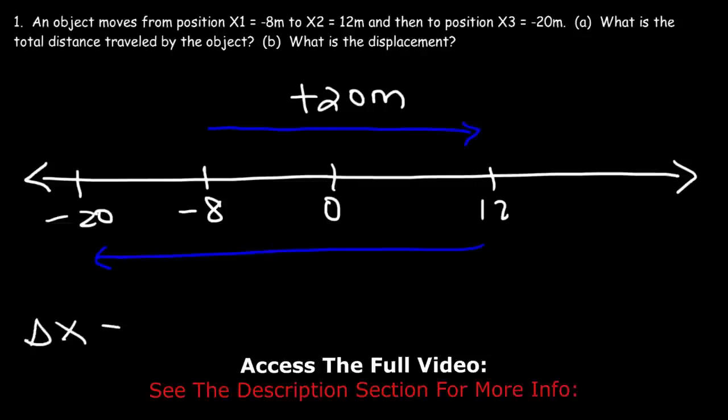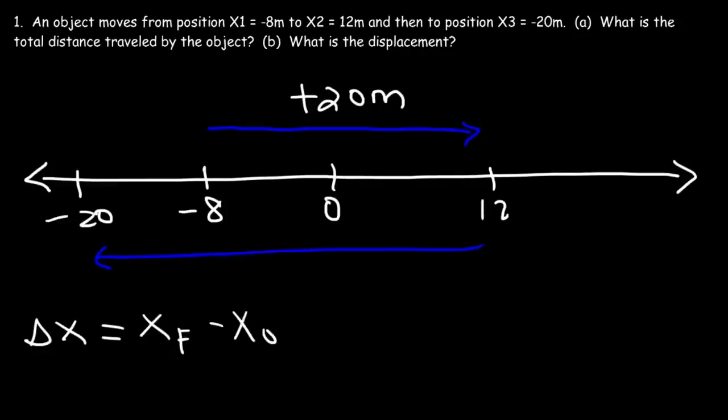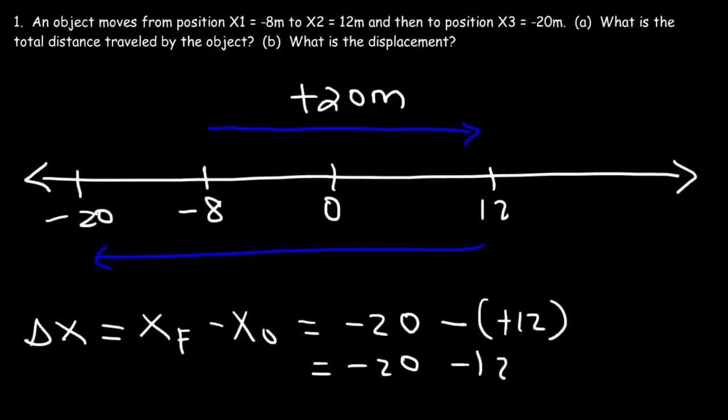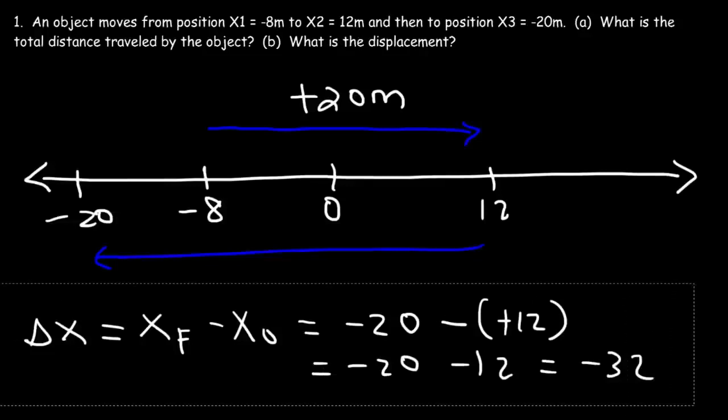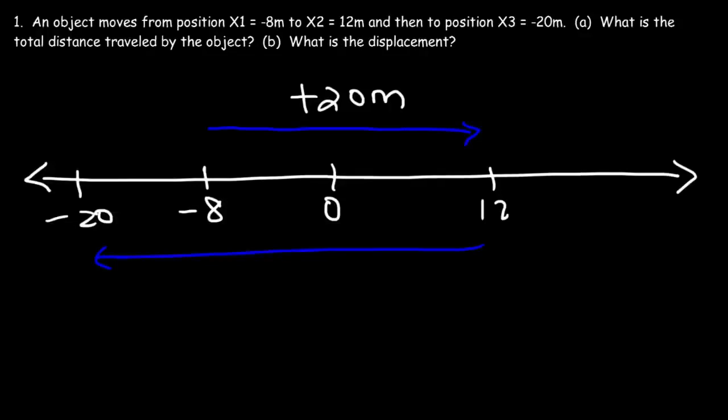Using the same formula, delta x is x final minus x initial. So for the second part, the final position is negative 20 minus the initial position of positive 12. So that's negative 20 minus 12, which is negative 32. The negative value means that the object is moving towards the left.